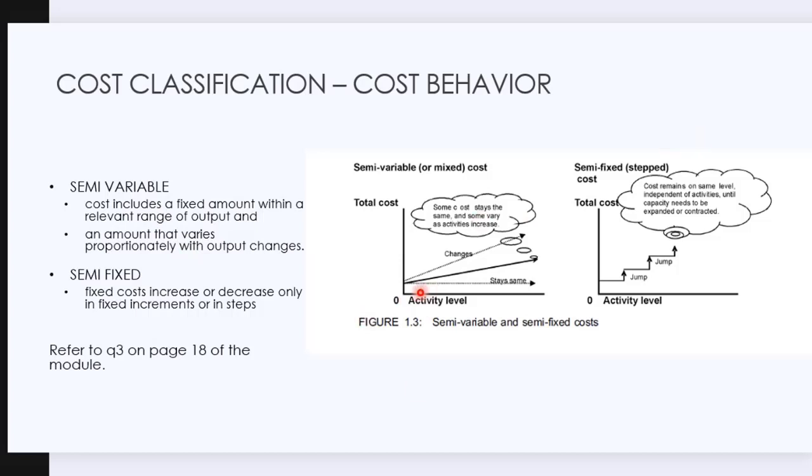So it stays the same, but then the minute it changes range, it goes with the level of activity. A semi-fixed cost, though, jumps as it goes. It increases in incremental steps. So the cost remains the same, independent of activity, until the capacity changes.